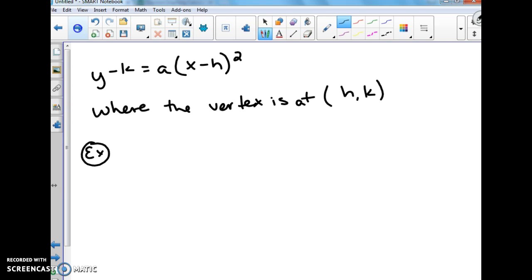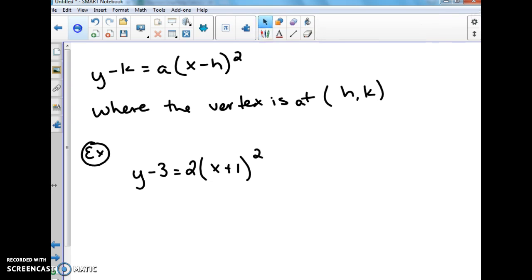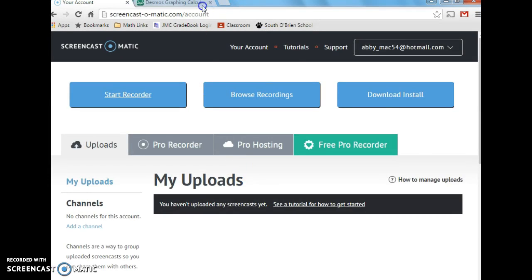So to start off with, let's say that I have the graph of y minus 3 equals 2(x plus 1) squared. So I'm going to graph this. Now granted, you could move that 3 over in order to type it into your calculator so you could see this, but I will have to move that, I believe, using Desmos.